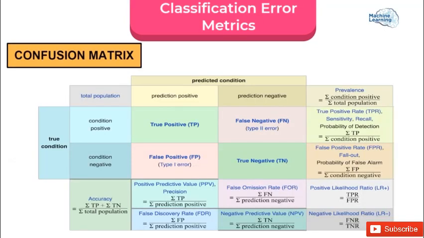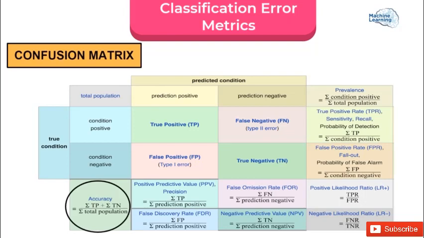And then, based on these true positives, true negatives, false positives and false negatives, there are many other metrics that we can calculate. As we can see, the calculation for accuracy is the sum of the true positives plus the true negatives. Essentially, out of the total population, it is the sum of the correct ones.